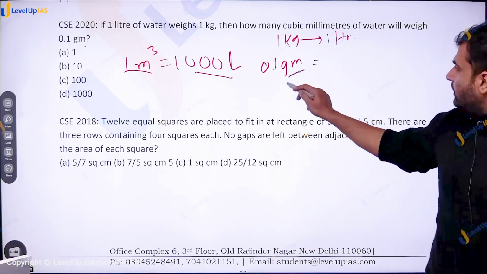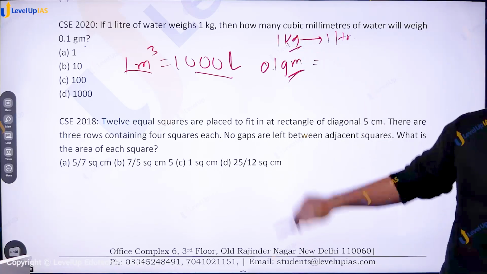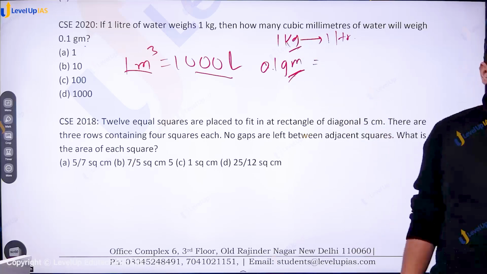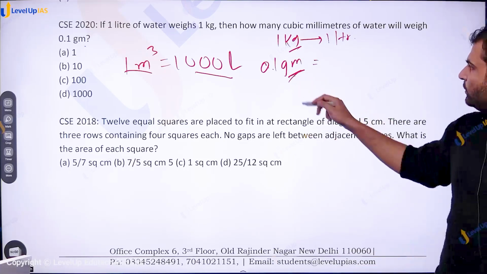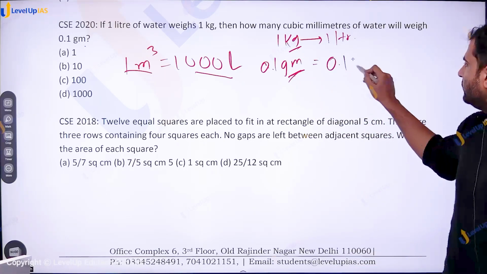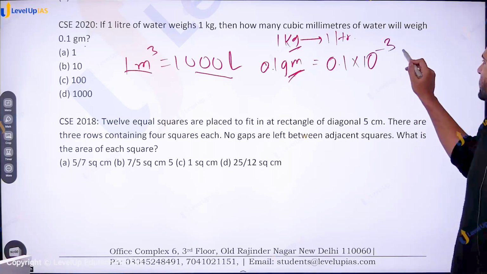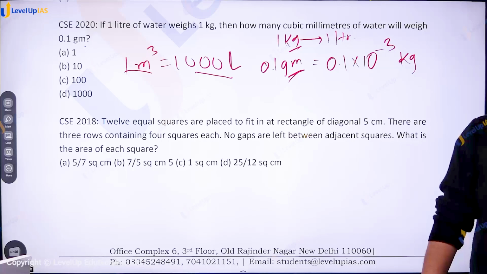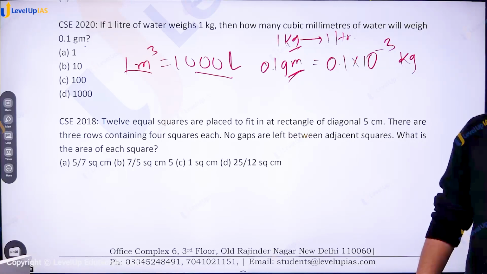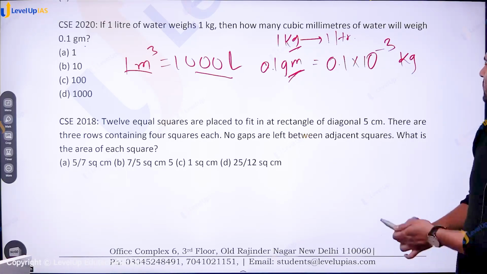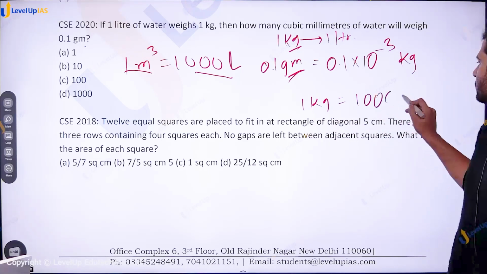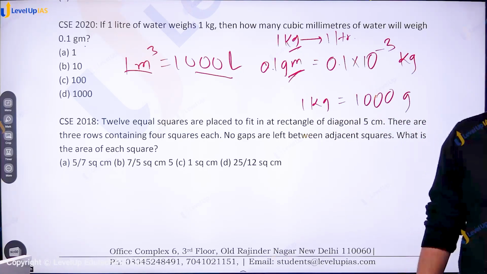Yes, this is gram, so firstly you have to convert this gram into kilograms. 1 kilogram is 1000 grams, so 0.1 gram is nothing but 0.1 into 10 raised to minus 3 kilograms. You have to divide by 1000. 1 kg is equal to 1000 gram, right?